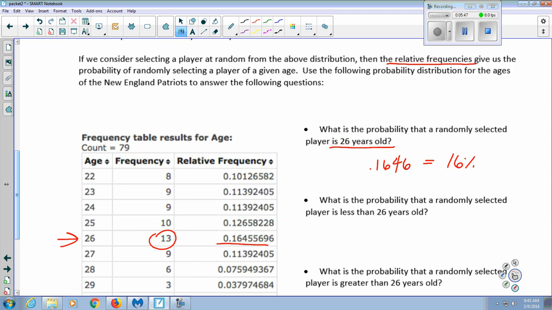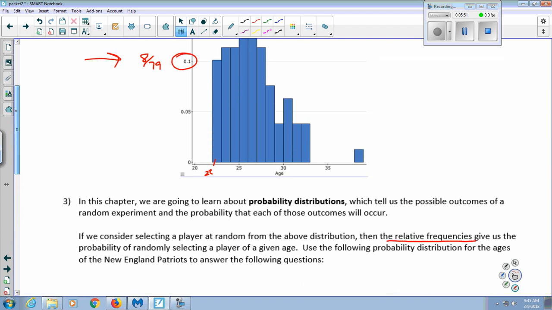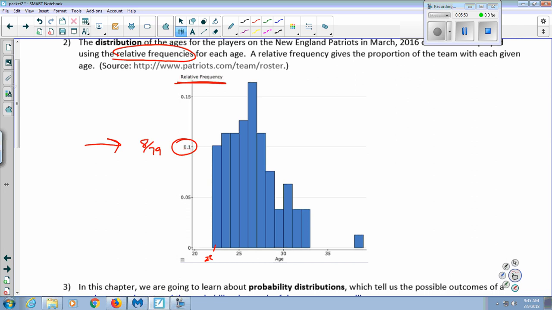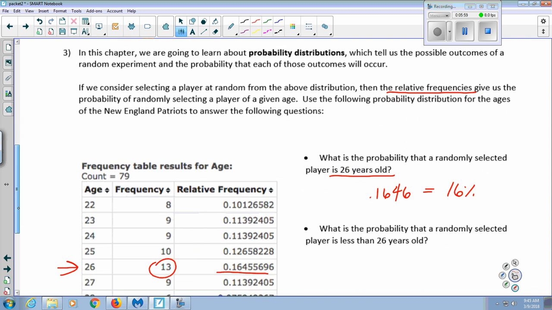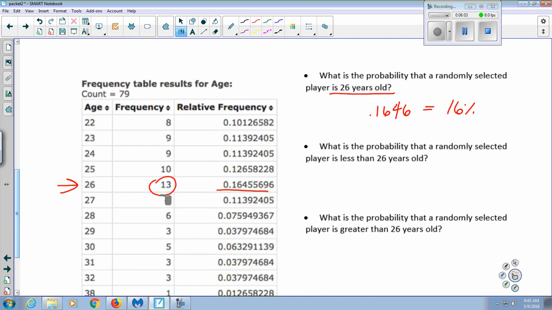And this would correspond to our relative frequency graph up here, the height of this bin at the top.